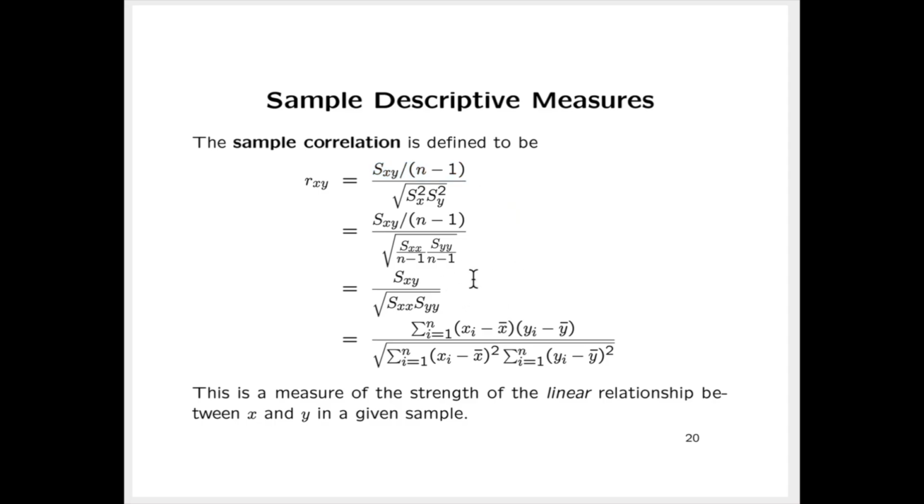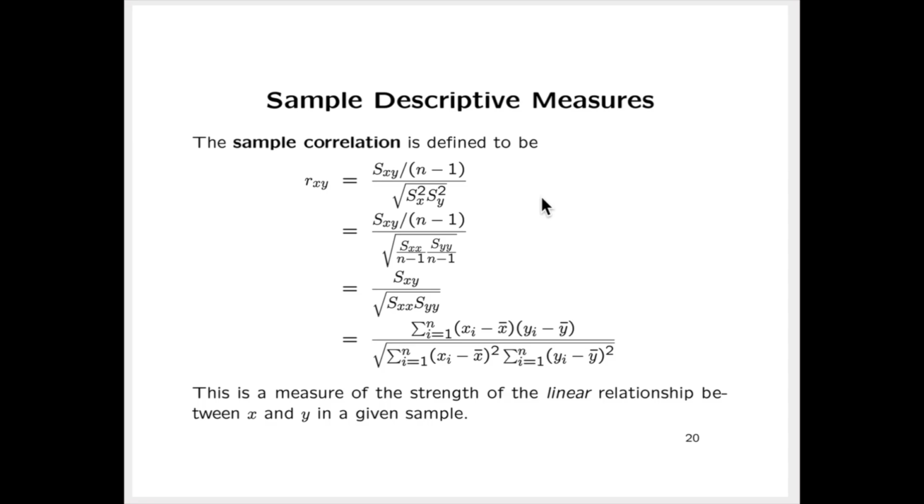I'll let you look through these and verify in your own mind that these other representations are equivalent to the defining formula. But the one thing I would point out is that in the sample correlation, the units of the numerator would be the product of the units of x and the units of y. Well, the denominator has the same units, and I'll let you convince yourself that that is true. Just remember what the units of the sample variances would be, and then that you're taking the square root of those units.